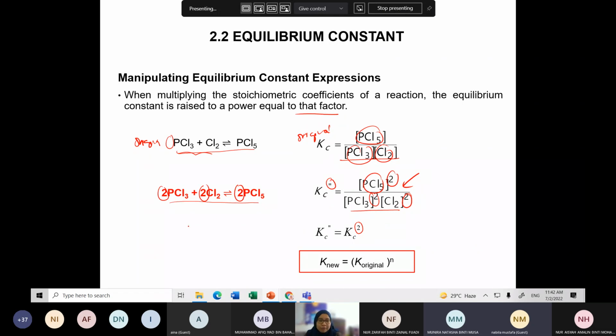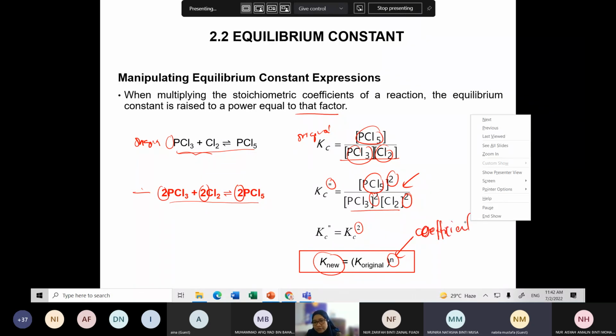That's for 2; what about 3, 4, 5? We can conclude that the new K we want to find is equal to the original raised to a power of n, depending on the coefficient in the new equation.